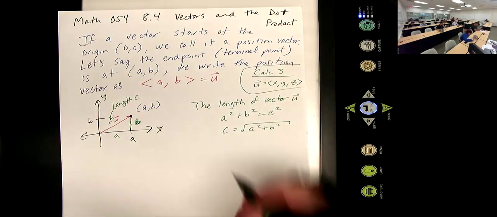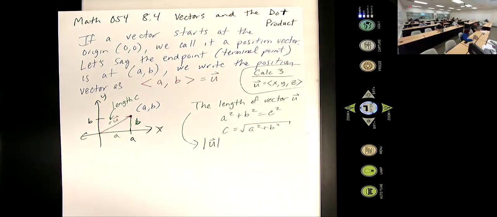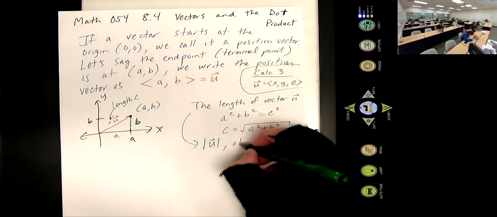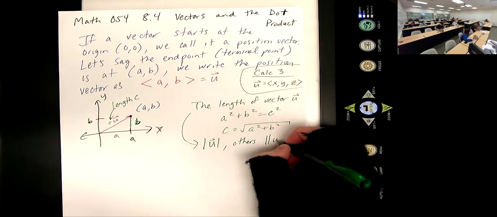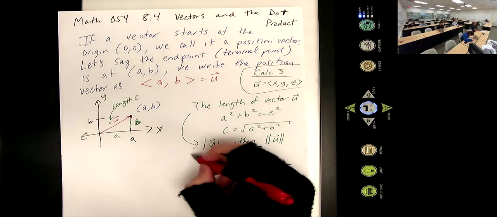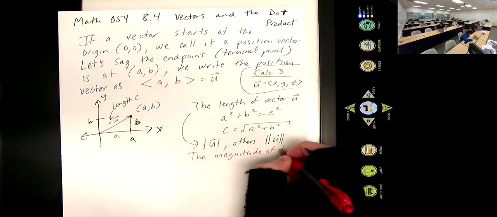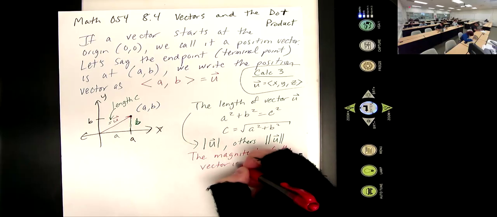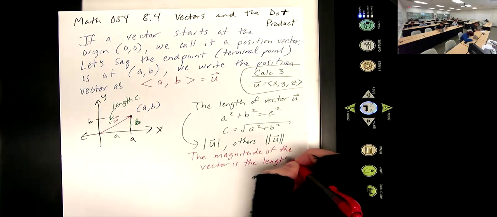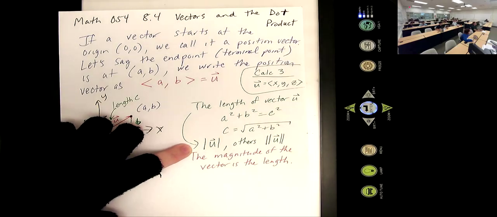The way they tend to write the length of U, some folks just do a single vertical bar around it, and others do, which I prefer, the double vertical bar. This is called the magnitude of the vector. That's why I like the double bar, because the single vertical one looks like absolute value, and that's not what it is.